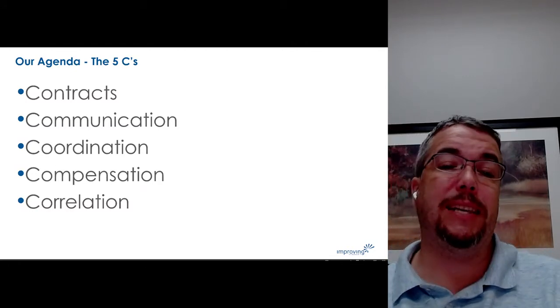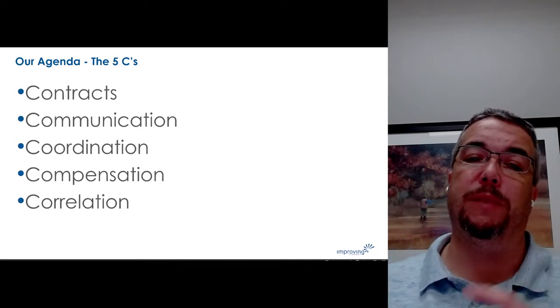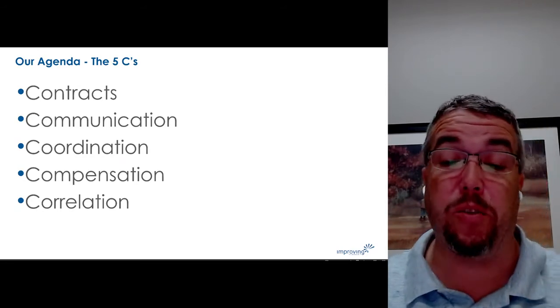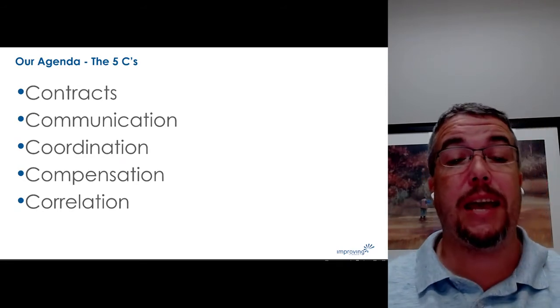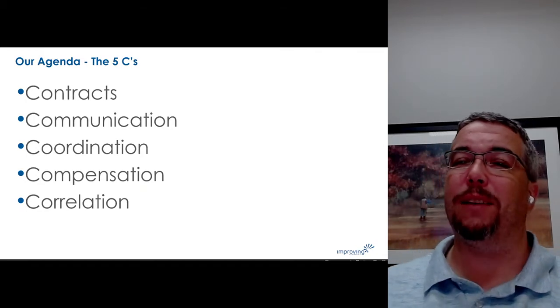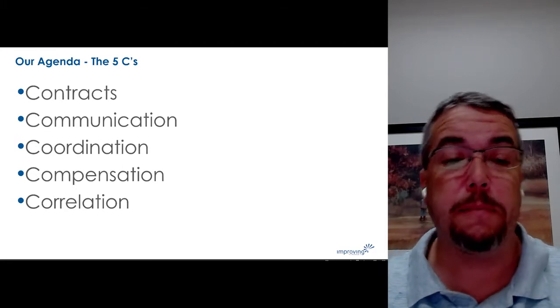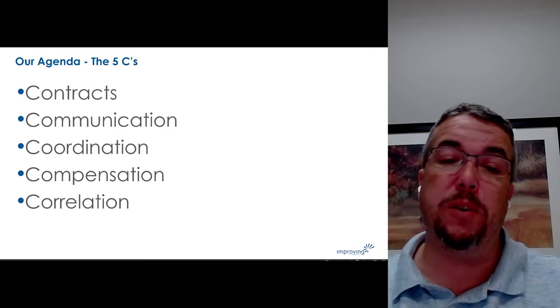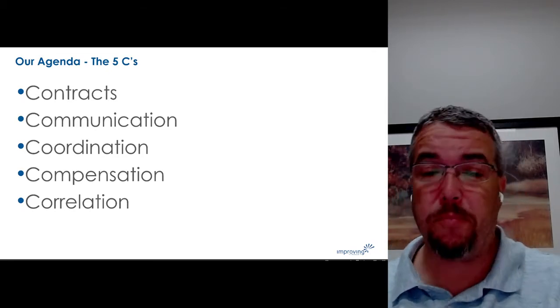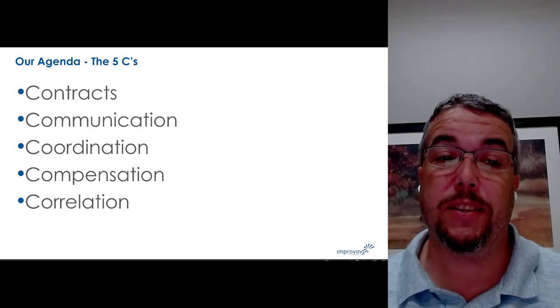When we have a single business process that multiple of these services need to interact with, how do we coordinate that effort? And then we're going to talk about when things go badly, when things fall down and we need to compensate, how are we going to handle that? And finally, we're going to spend a few minutes talking about correlation and how important it is in a distributed system. So with that, let's first talk about contracts.